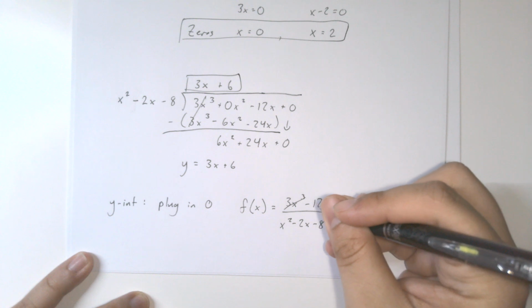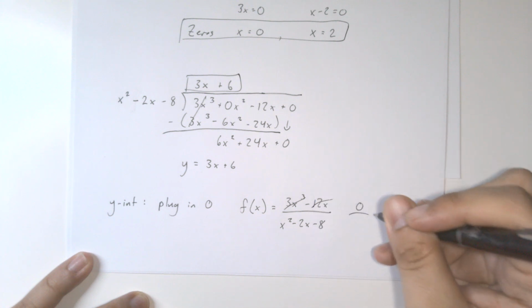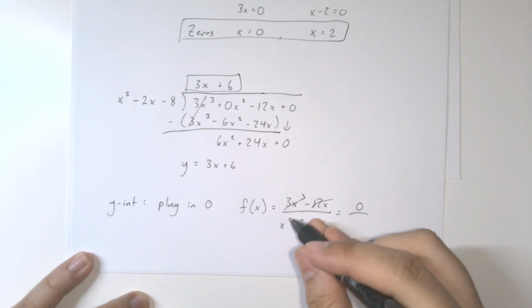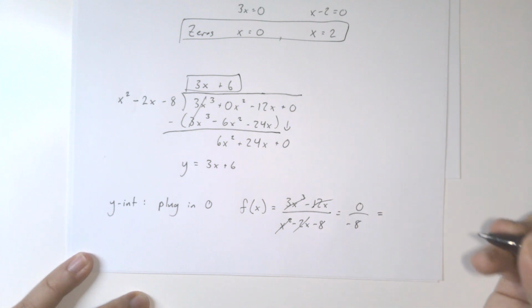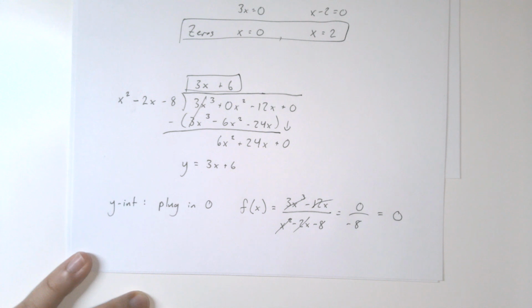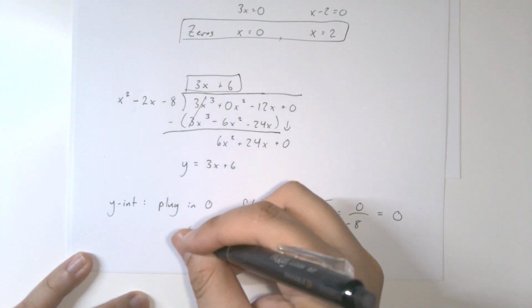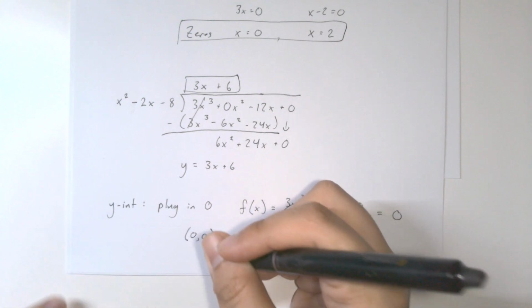that's going to go away, that's going to go away, that's just going to be a 0 on the top. That's going to go away. That's going to go away. That's going to be negative 8 on the bottom. And 0 divided by any number is 0. So our y-intercept is 0, comma 0. So it is at the origin.